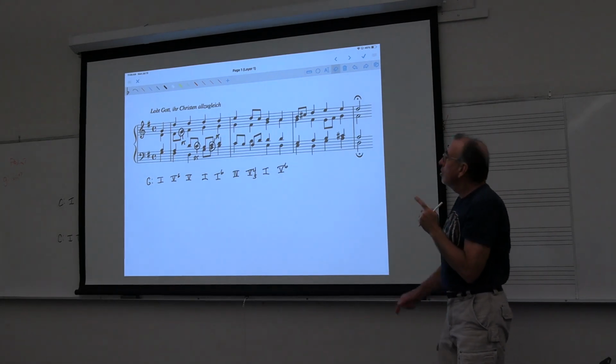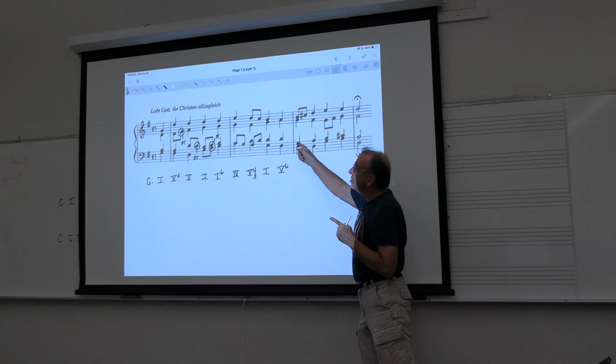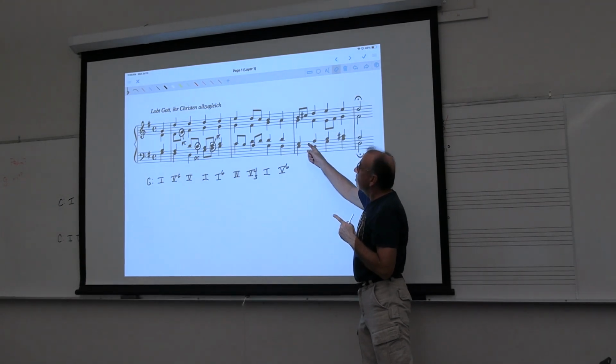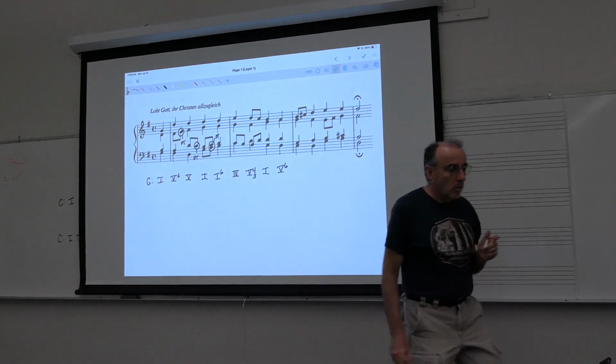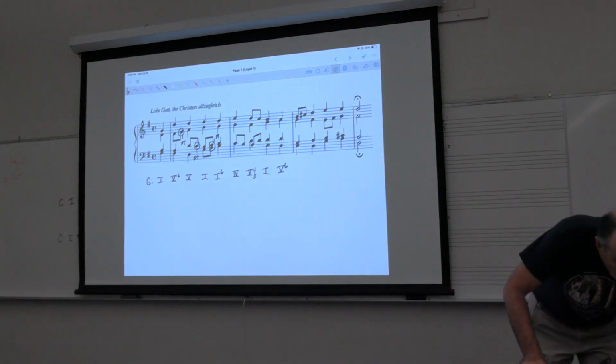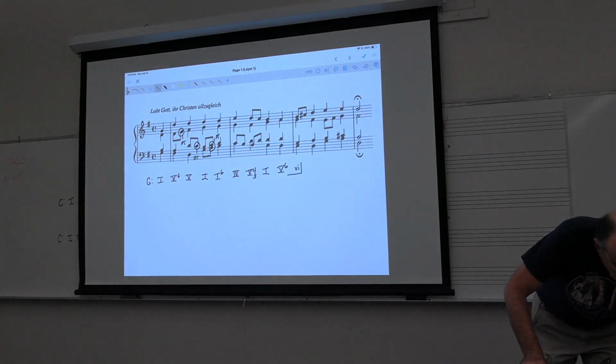Yeah. So if we reinterpret this as 2, then to follow it with 7 makes sense, right? So if we say this is 6 in G major, we are now going to say in D major it's 2.